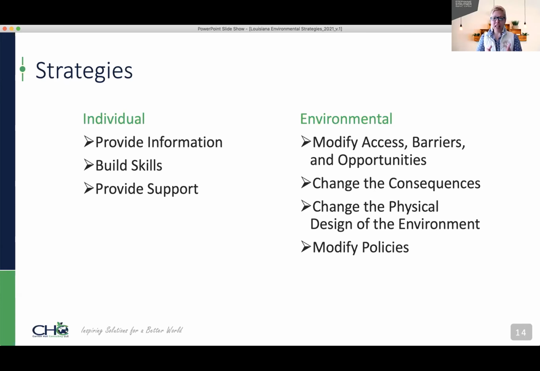And in many instances, whether they want to make it or not, the systems in our communities are set up so that the healthy choice is the obvious choice, and it's the easiest choice for people to make.